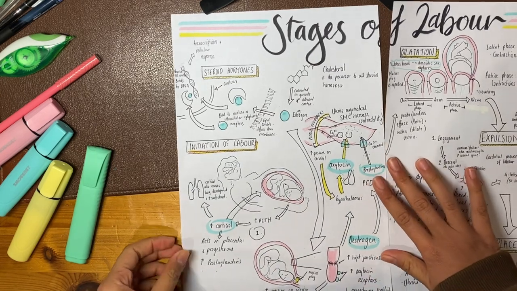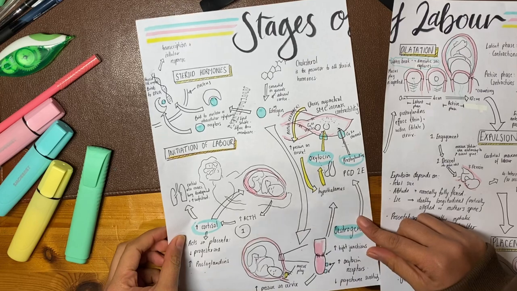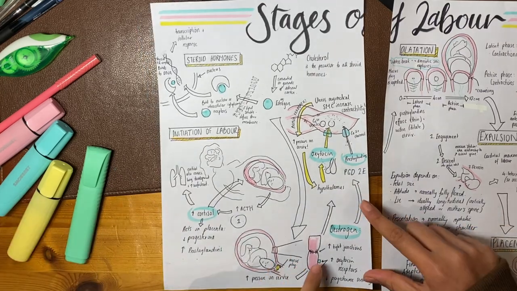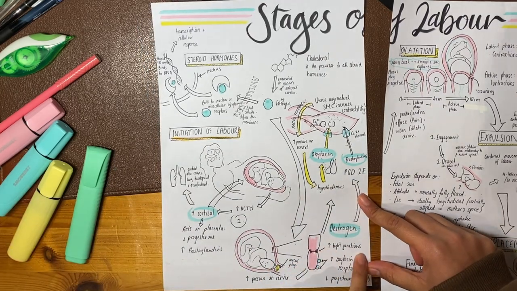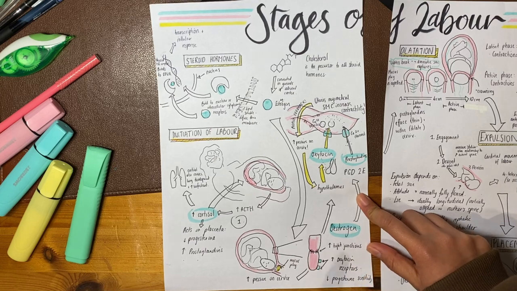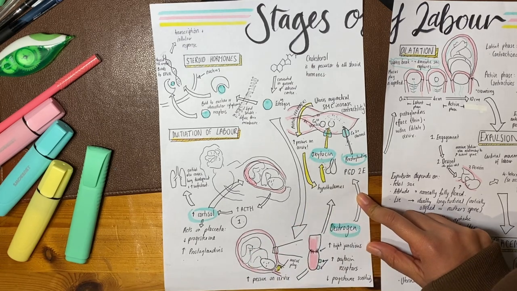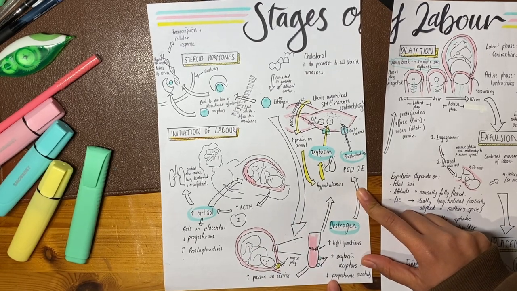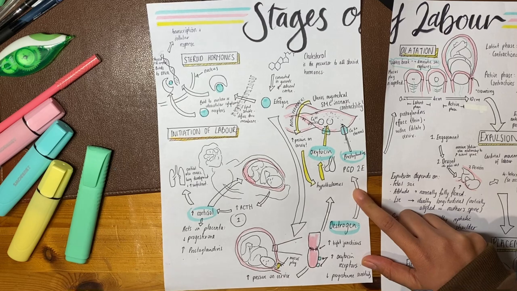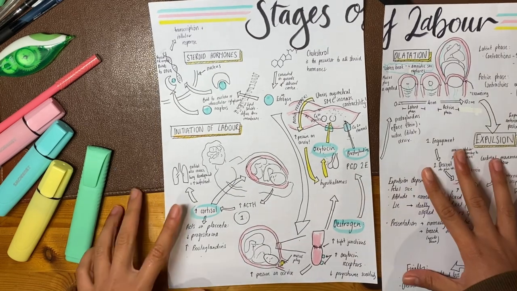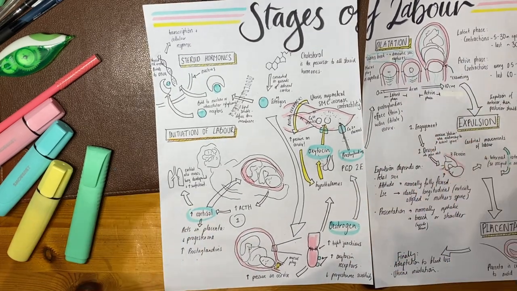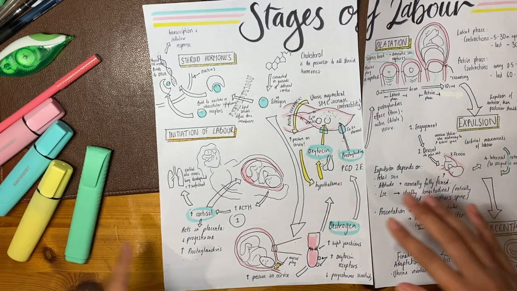And what this does is it increases the number of tight junctions between the myometrial smooth muscle cells and increases the expression of oxytocin receptors, which becomes important later on. Estrogen also decreases progesterone sensitivity. And remember that progesterone was that hormone that was produced during pregnancy to maintain the fetus within the womb.